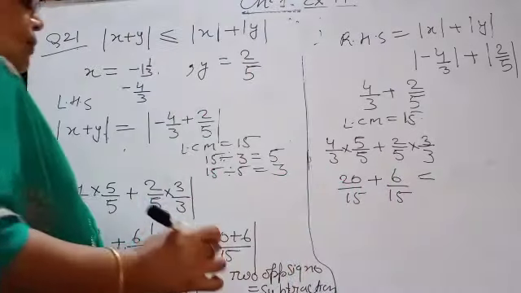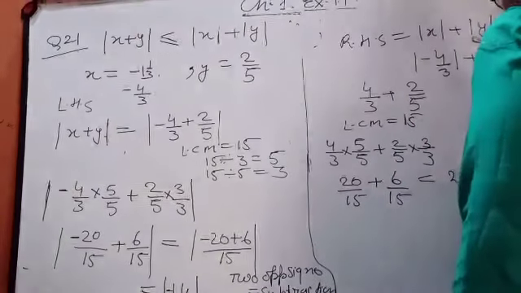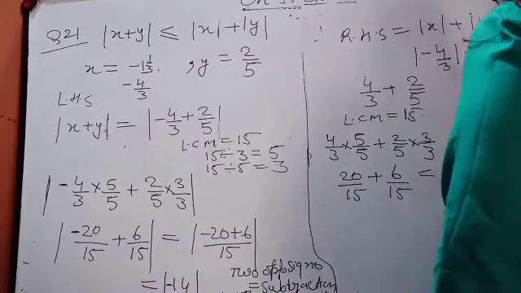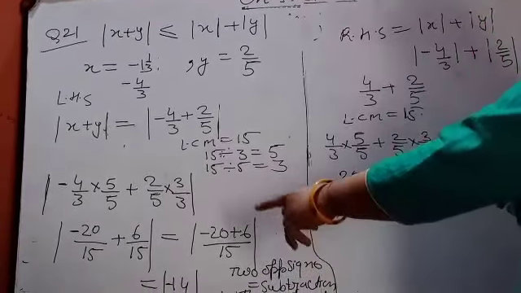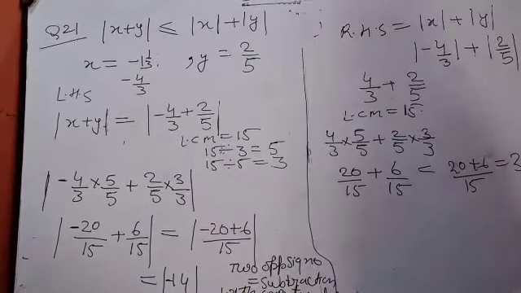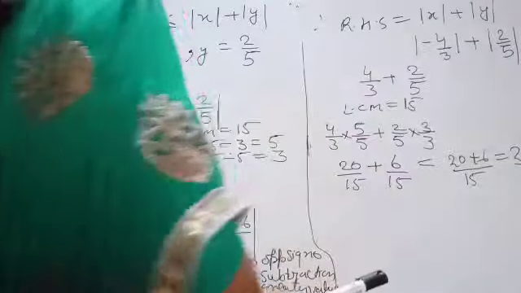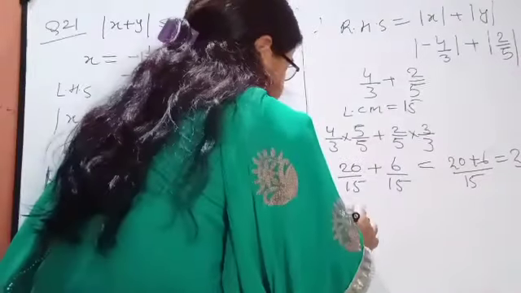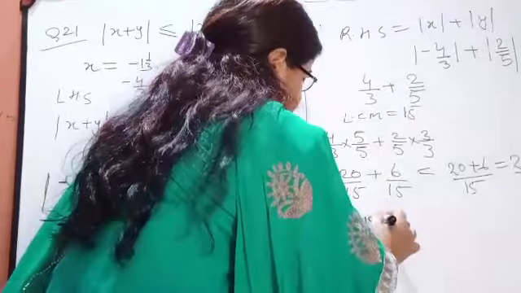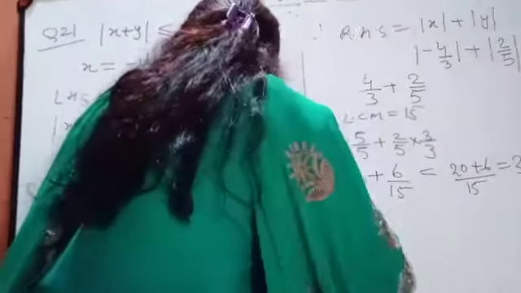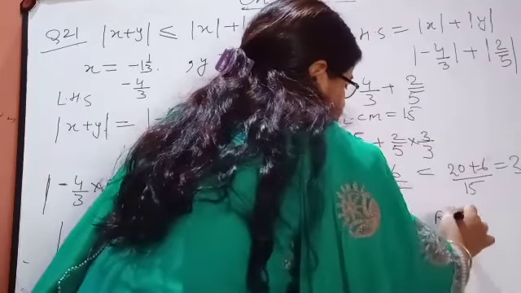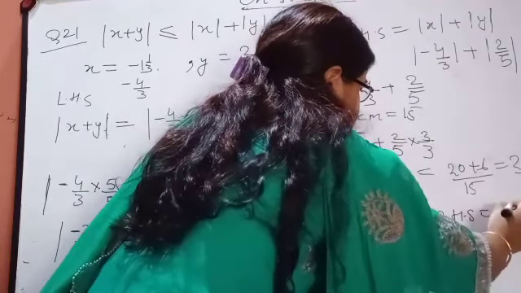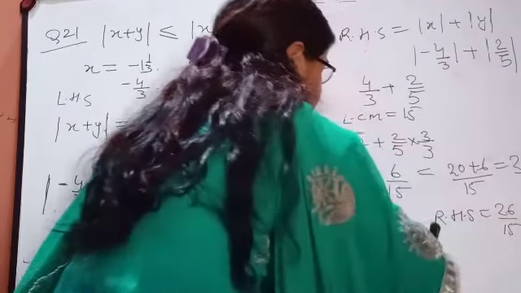What will you get? 20 plus 6, 26 upon 15. On the left hand side, you got 14 upon 15. And on the RHS, you got 26 upon 15.